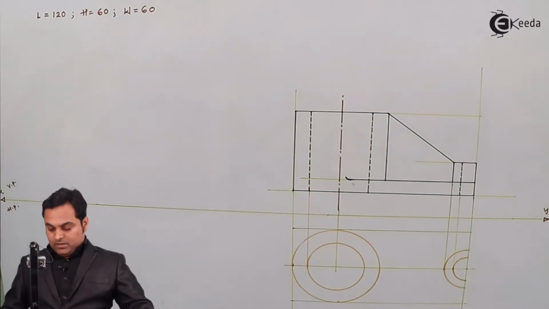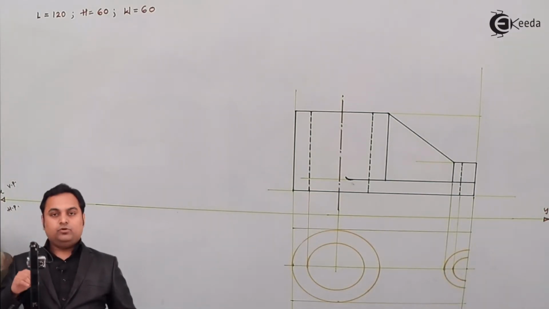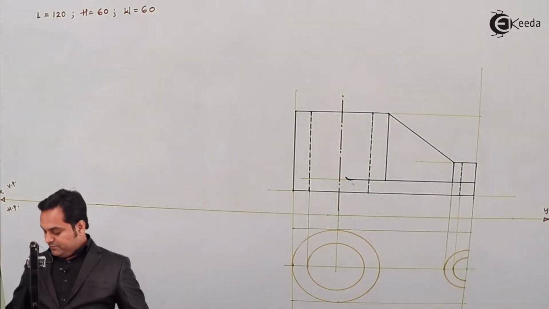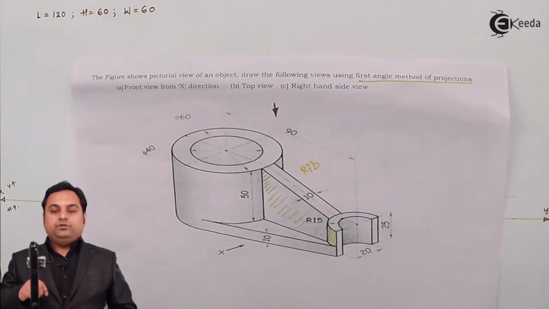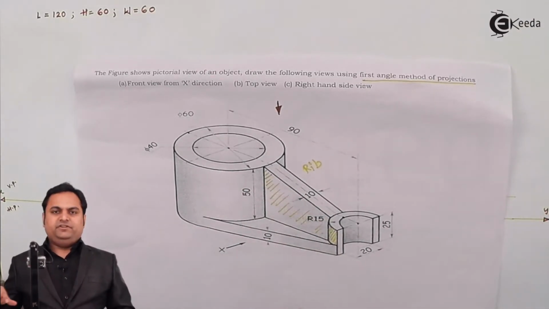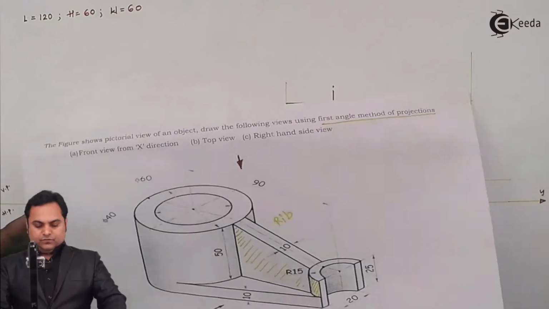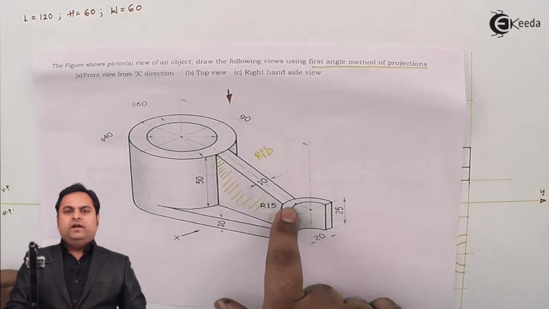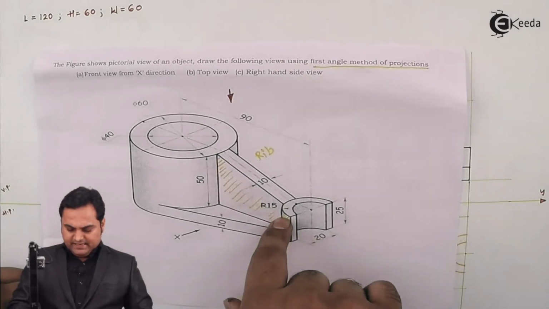Then after completing this, when we are looking from top, this rib which is inclined will also be visible. By looking from the top, the rib which is inclined will look like a straight rectangle.